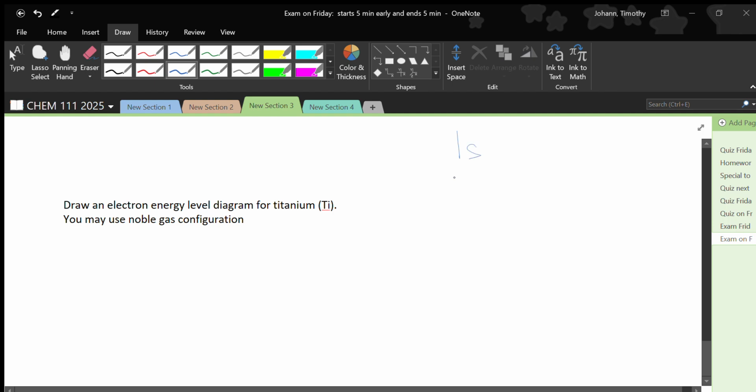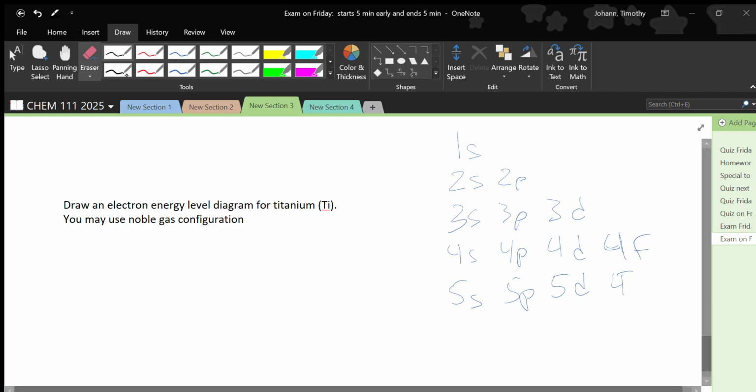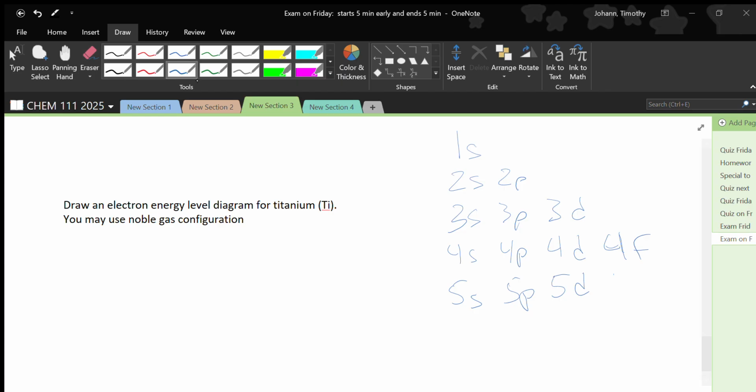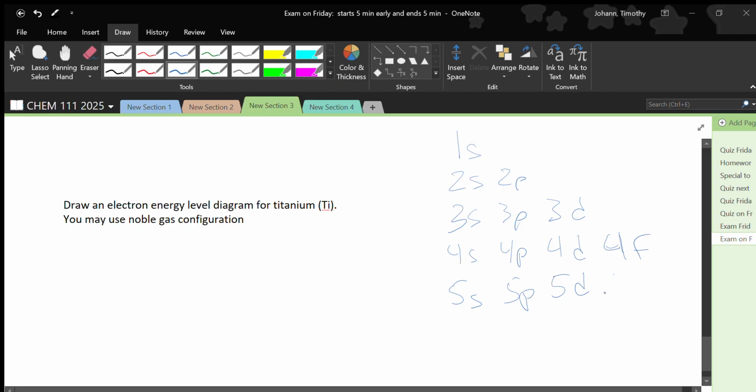So I've got 1s, 2s, 2p, 3s, 3p, 3d, 4s, 4p, 4d, 4f, 5s, 5p, 5d, 5f, and I'll put more in if we need them. There'd be a 5g, but you never get to those g's. There's not enough elements to get there, so we never have to worry about g's.